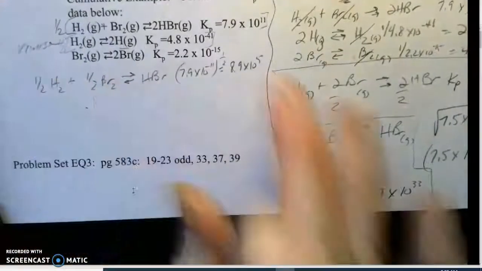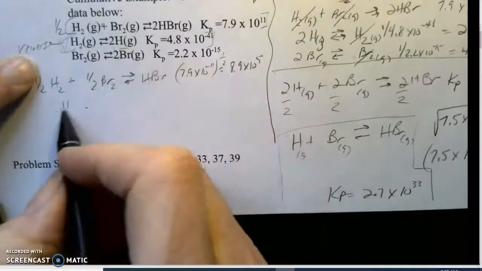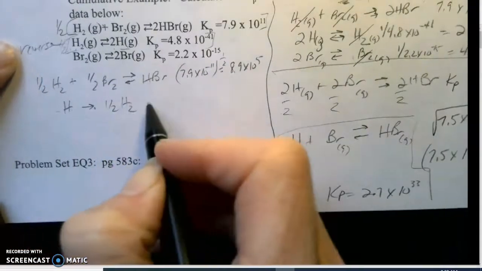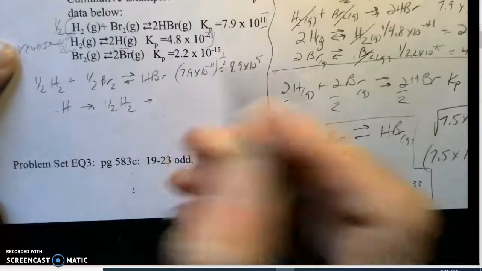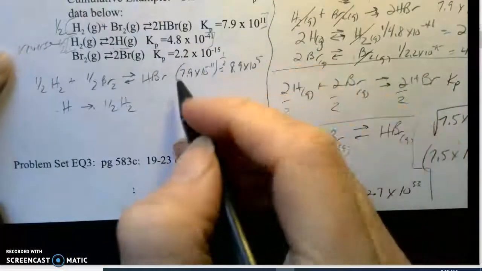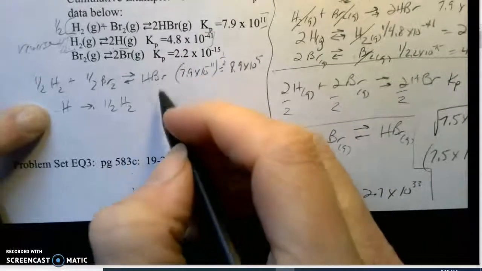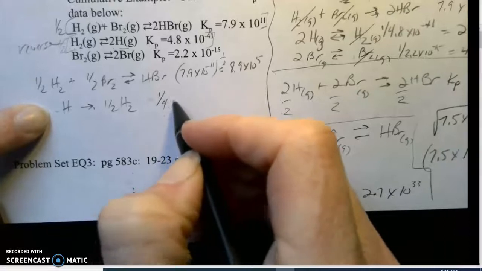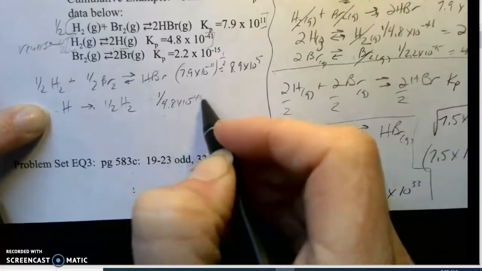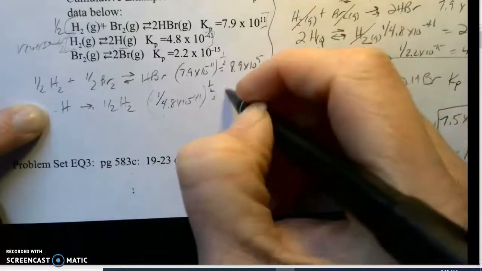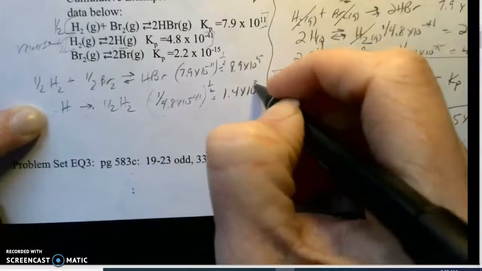So that would give me H yields 1/2 H2. So reversing it is the reciprocal, so 1 over 4.8 times 10 to the negative 41st times 1/2 is going to be 1.4 times 10 to the 20th.